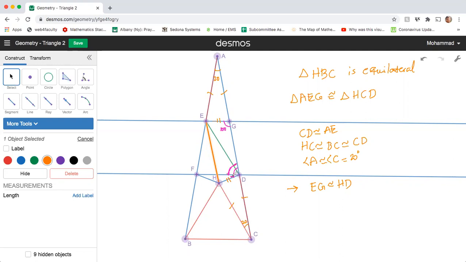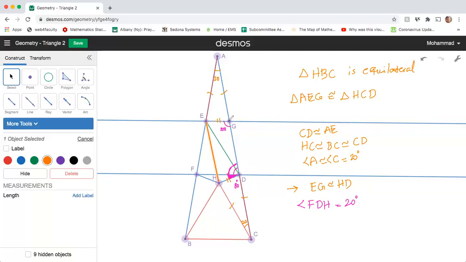I claim that this angle is 20 degrees. So that 20 plus 80 will be 100, congruent to that. Well, to see that, we notice that this angle here is 80 degrees. The angle FDC is 100 degrees, and so this angle will be 20 degrees. So the angle FDH is 20 degrees.